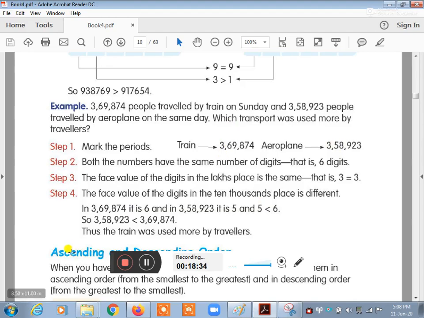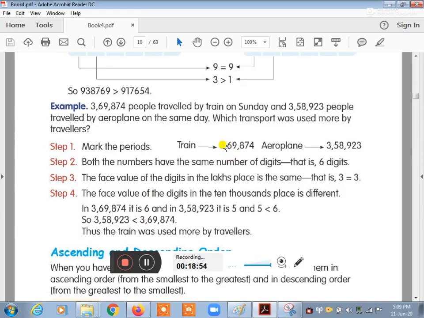So here they have given the less than sign. Otherwise this is also correct, whatever I said is also correct.